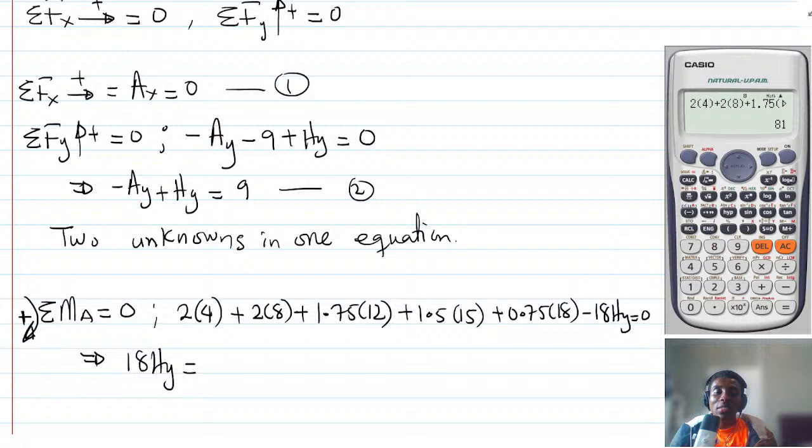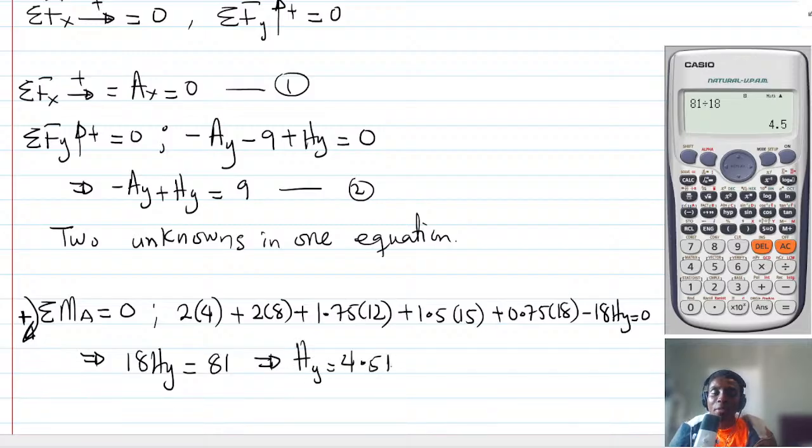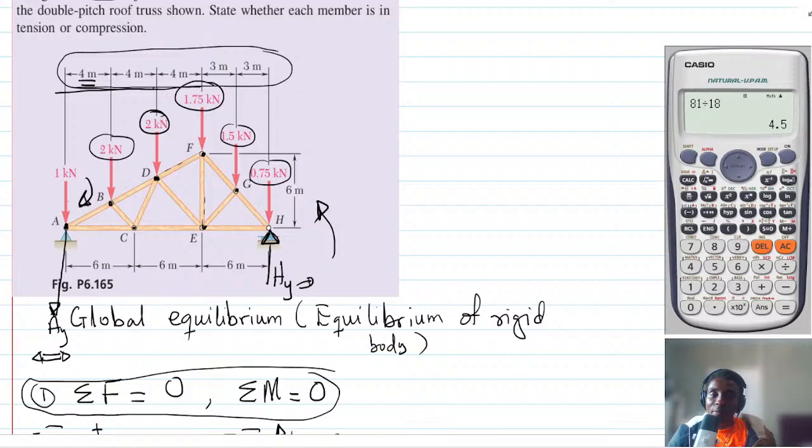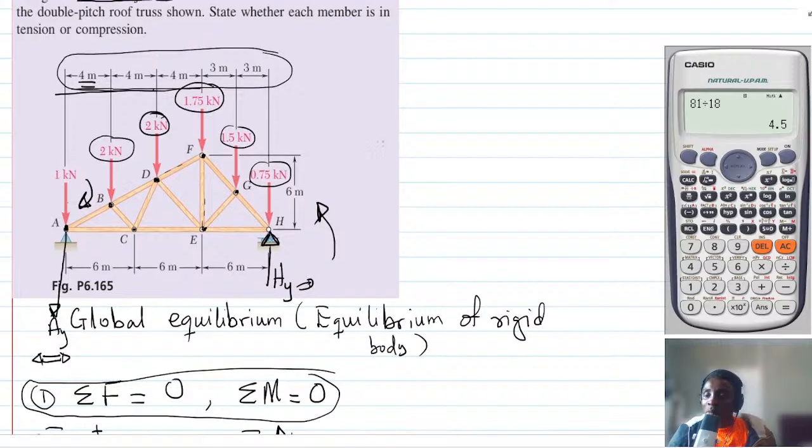And that's 81. And what is 81 divided by 18? 4.5. So HY is 4.5 kilonewton. That's all. So we can go ahead and change HY here and make it 4.5 kilonewton.